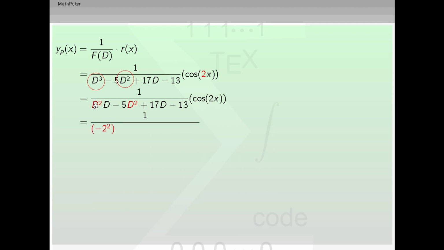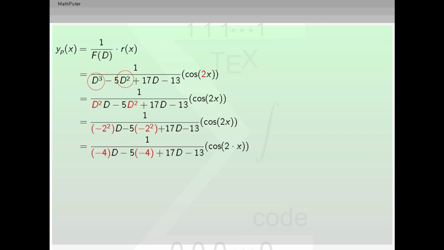So it is minus 2 square into D minus 5, again the same thing, minus 2 square, plus 17D minus 13, into cos 2x. This is minus 4D and this is minus 4, right? So 17D minus 4D gives us 13D, and this is 20 minus 13, which is 7. So we have 1 upon (13D plus 7) into cos 2x.